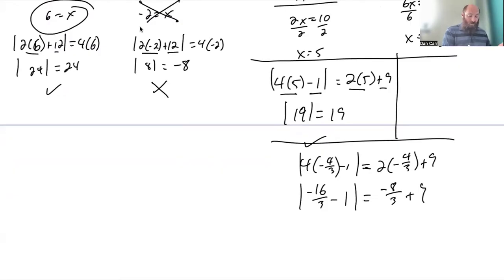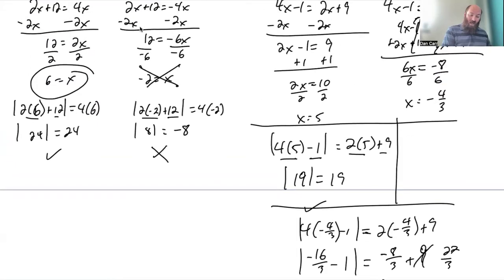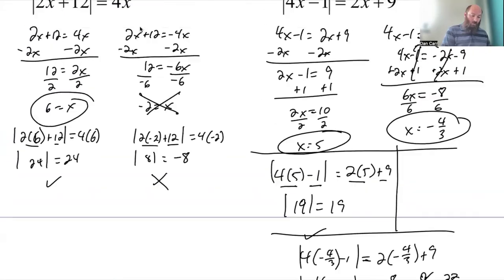Negative 16/3, that's going to be a negative 19/3 right there. Negative 8/3, let's see here, that's going to be 27/3 instead of a 9. So that turns into a positive 19/3 there. So we get the absolute value of negative 19/3. Does that equal 19/3? Yes. So actually, both of these answers work out.